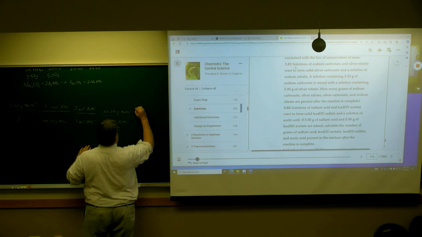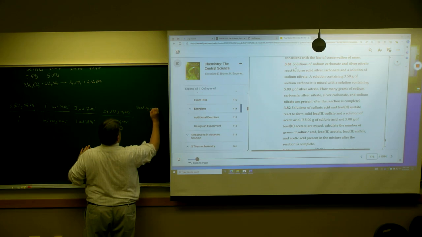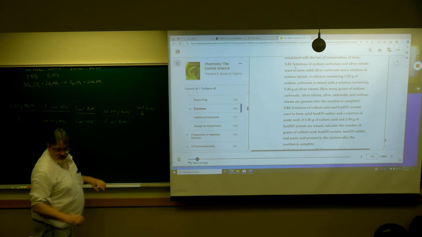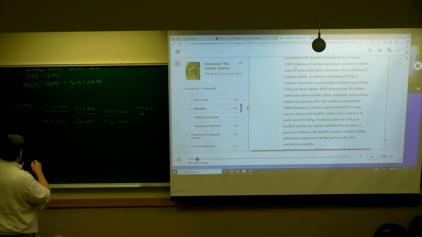Let's say I need this much silver nitrate.